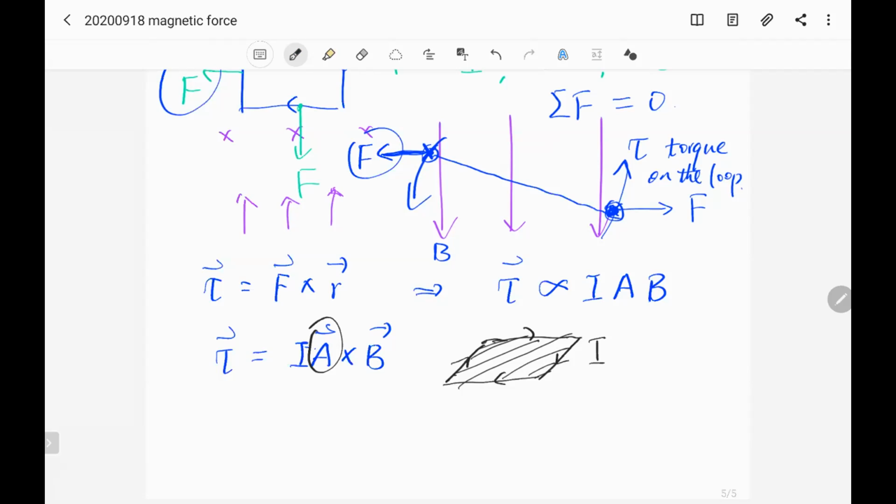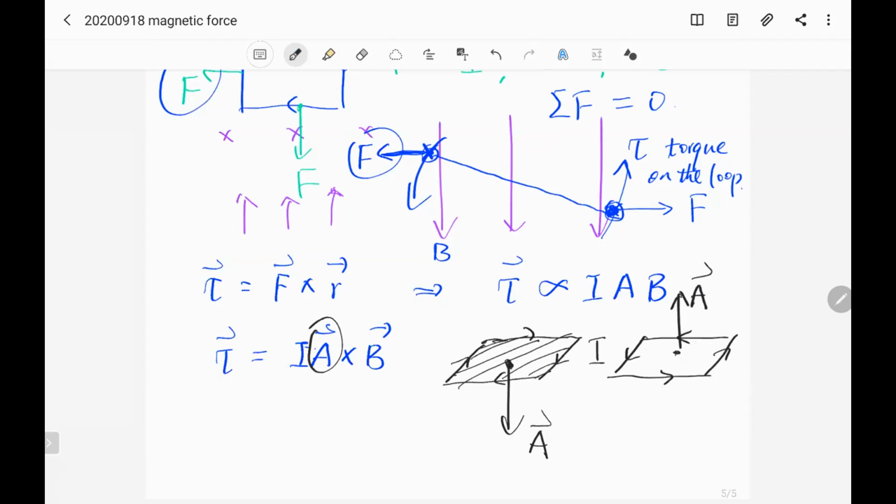We use the right hand: our forefinger curls clockwise, and my thumb goes down. So the direction of A goes down. If the current is counterclockwise, I curl my forefinger counterclockwise, then the area goes up. Okay, this is how we define the direction of the area.